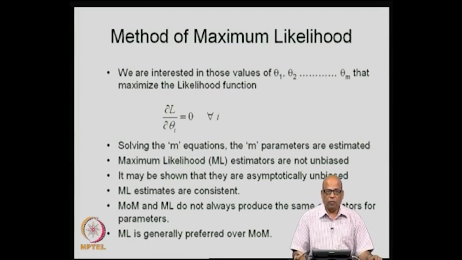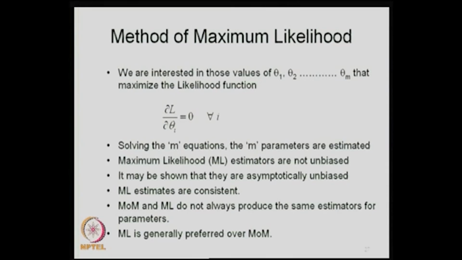We have just introduced the method of maximum likelihood. The maximum likelihood estimates are not unbiased estimates. Remember, we also introduced earlier the concept of an unbiased estimate and the consistent estimates. Maximum likelihood estimates are not unbiased.